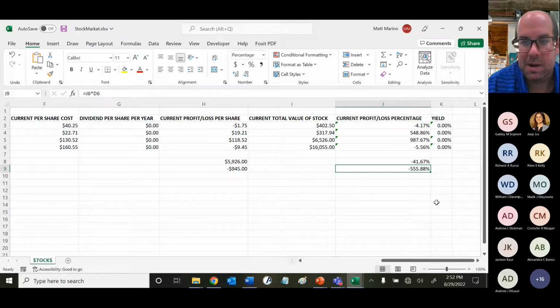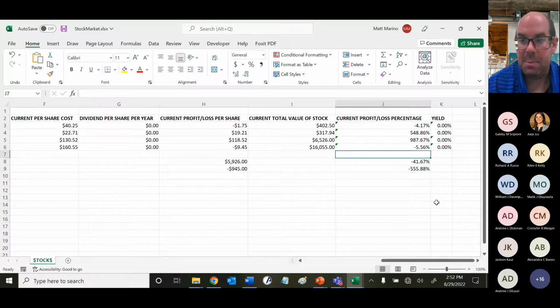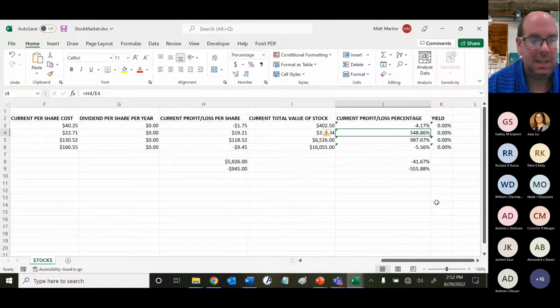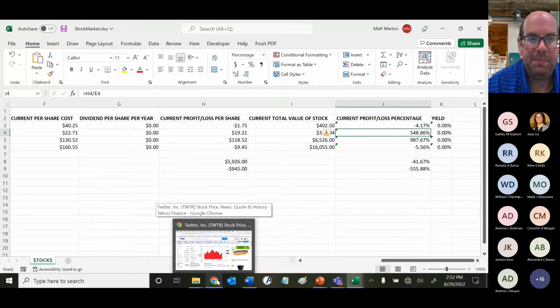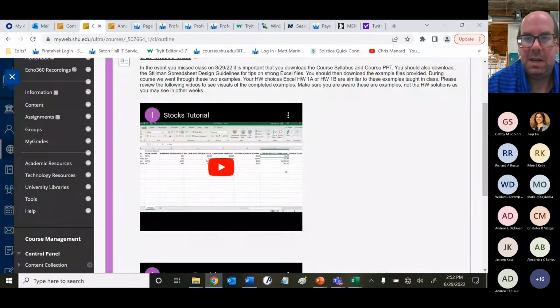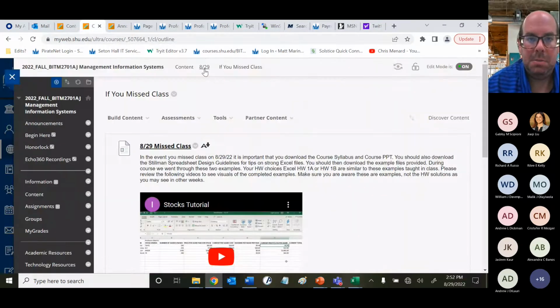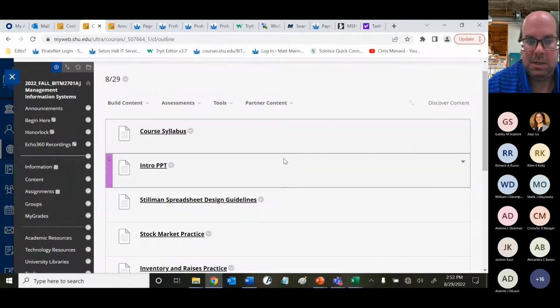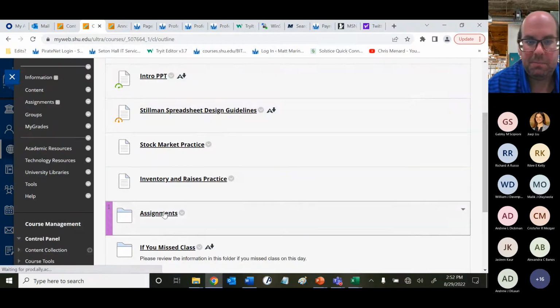Zuckerberg's cost us a lot of bread, you can see. Lost a lot of money there. So again, in the homework 1, you'll use this example, but modify it based on your 16th birthday.